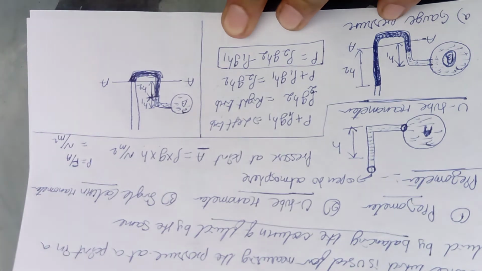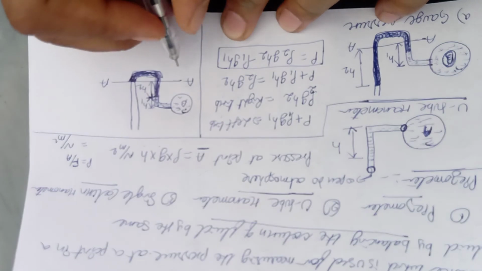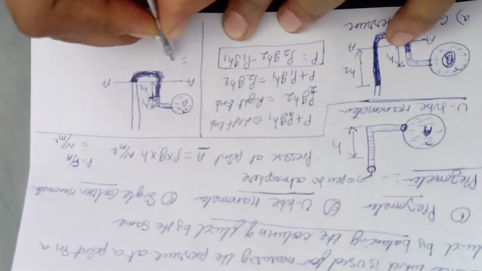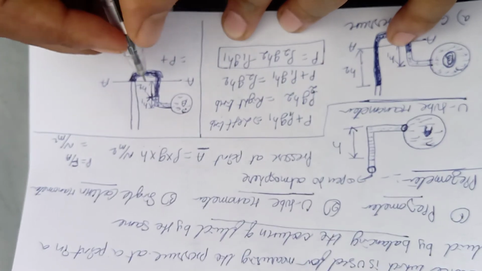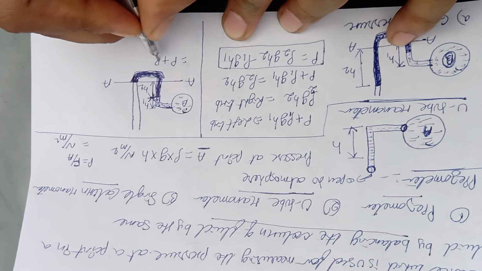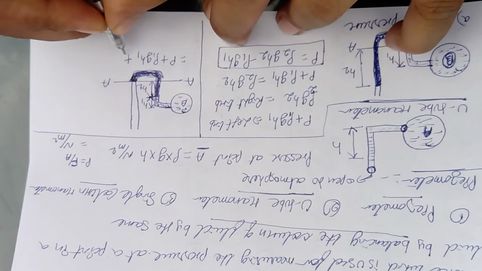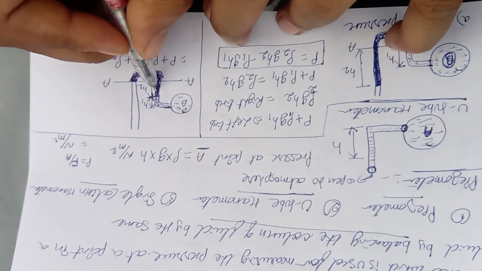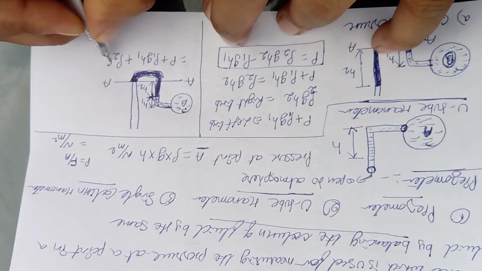Now see the right limb, there is no pressure in the right limb. So the total pressure would be: the pressure at this point is P plus, first till here, rho 1 G H1, plus rho 2, the density of this heavier material, into G H2.